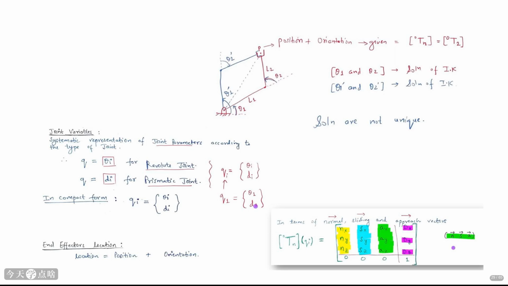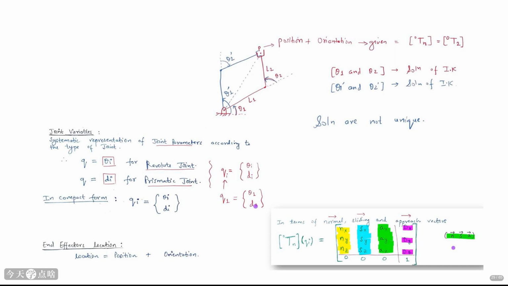Let's revisit the 2DOF manipulator example, but this time from the perspective of inverse kinematics. The diagram shows the robot arm and the desired end effector position P. We know the desired position and orientation, represented by the matrix 0Tn. Our goal is to find the joint angles θ1 and θ2 that achieve this.